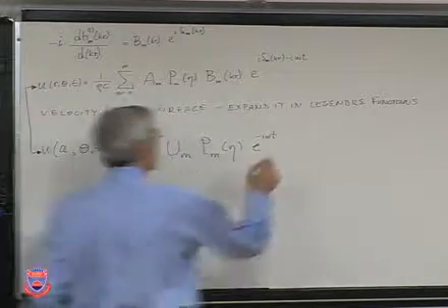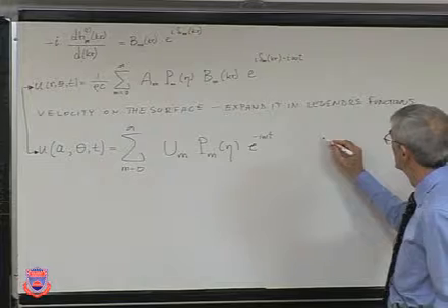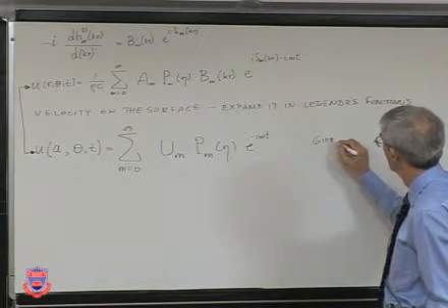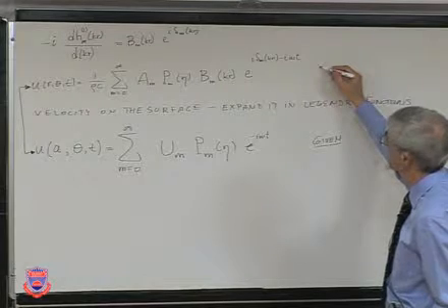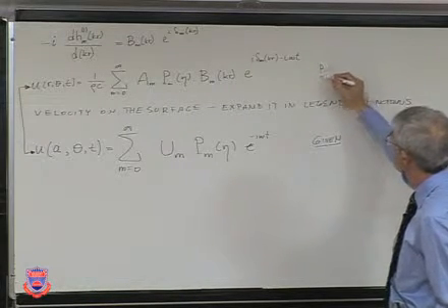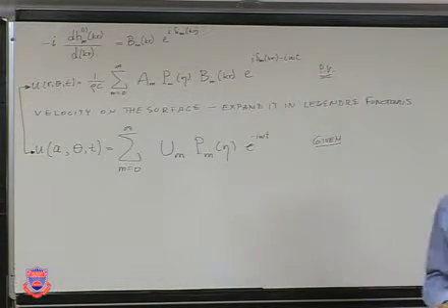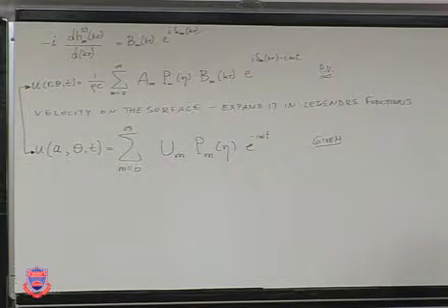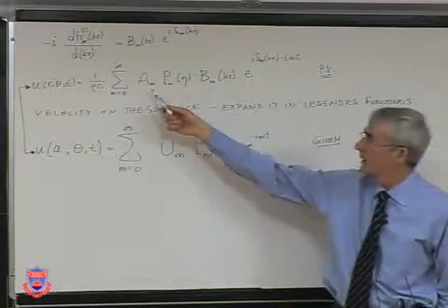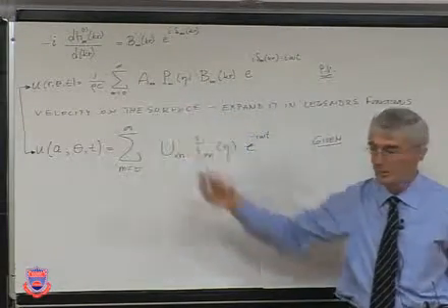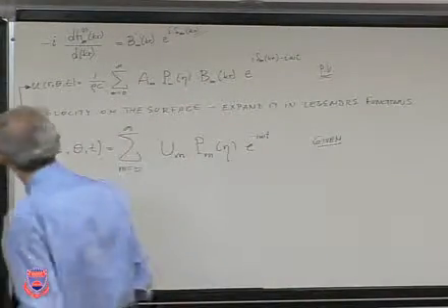Okay, so this is a given, and this is the particle velocity from the pressure relationship. So we set these equal to one another, and that's what gives us the coefficients A sub m.